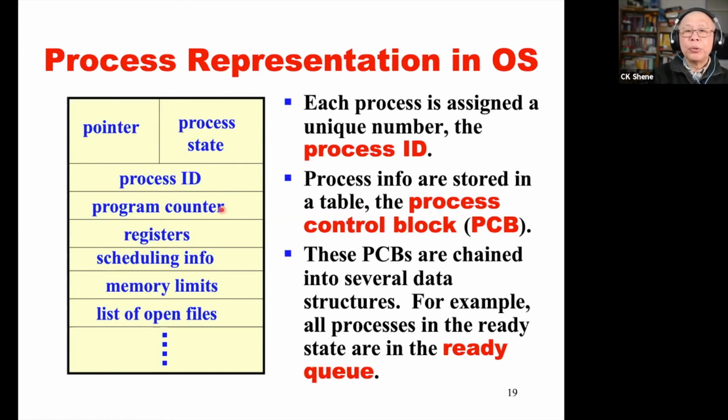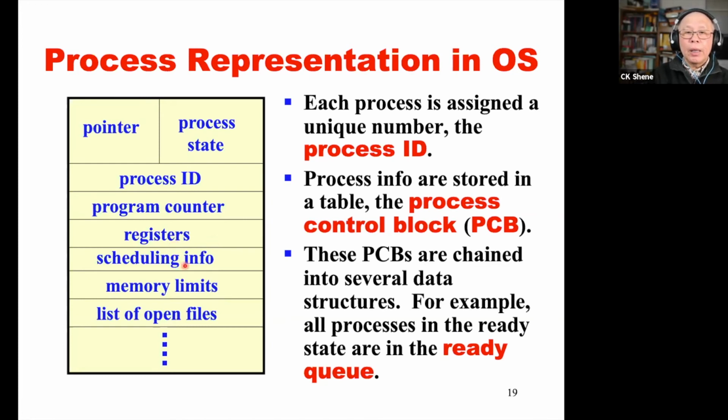I'm sure you have learned it elsewhere. Now, when a process executes, it requires the use of some registers. We saw that in the operating system hardware support lecture. So when a process is suspended, all the registers that process uses will be saved here.